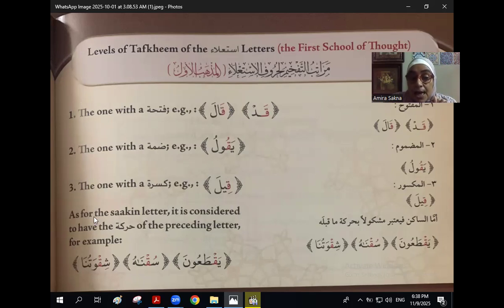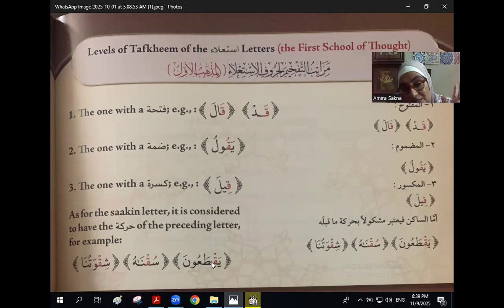And Dr. Ayman Swaid said that this is not really very precise, very accurate, because Mitwalli considered the second letter to have the haraka or the short vowel of the preceding letter, which means that it will be different. Let me recite those words: yaqta'un, suqnahu, shiqwatuna.